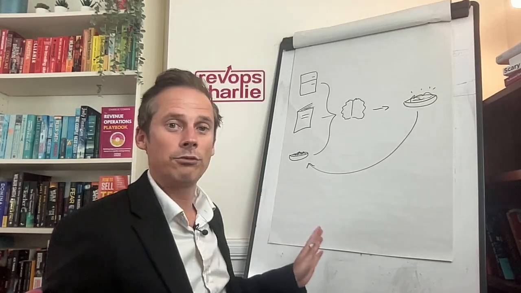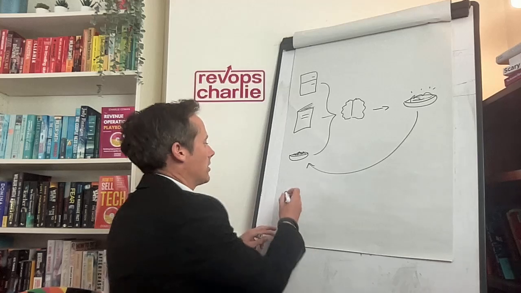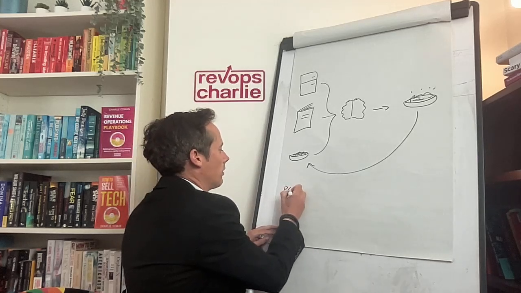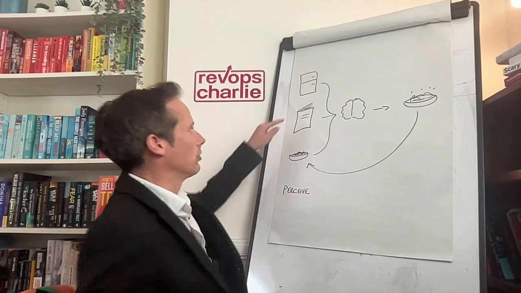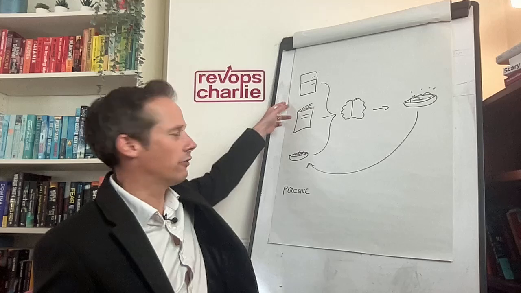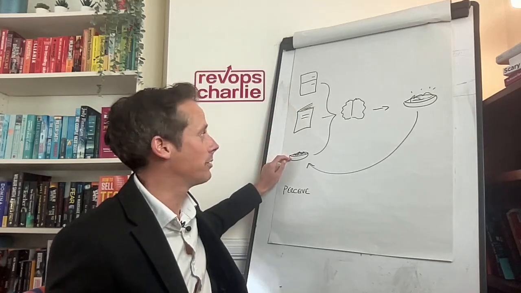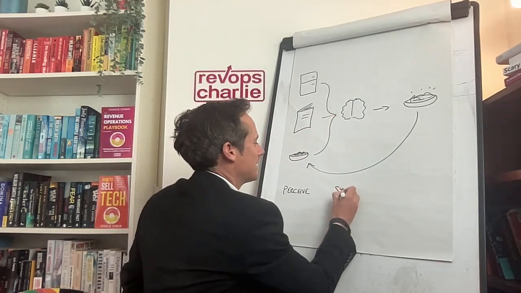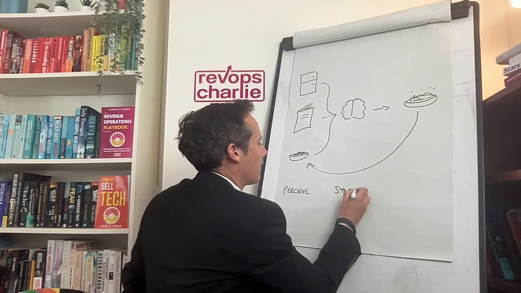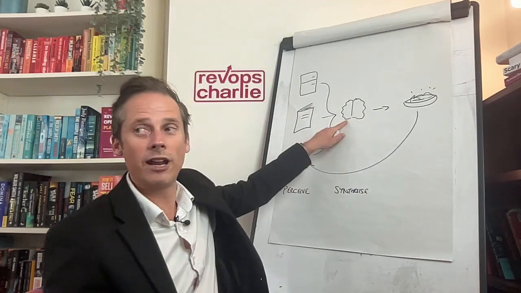So let's go through these different steps and what we've done here. The first thing we did was to perceive different sources of information: what's in the fridge, what's in the recipe book, what's in my memory, what have I enjoyed previously. The second thing we did was to synthesize all of that data so it comes together into our brain.